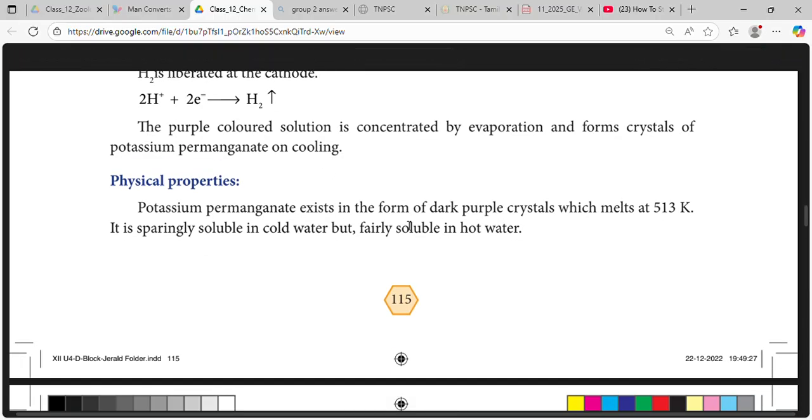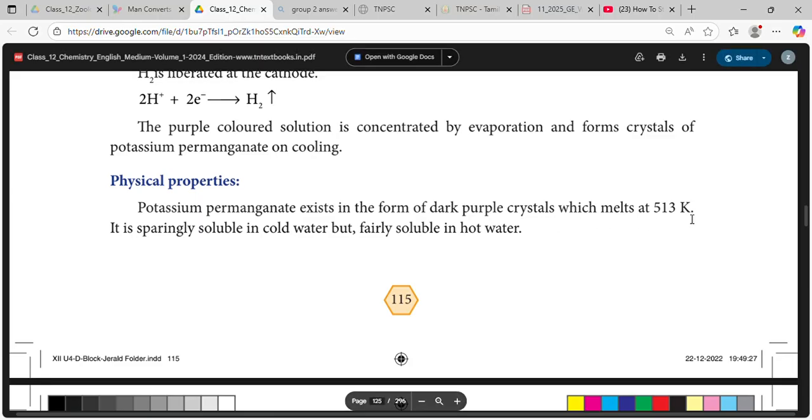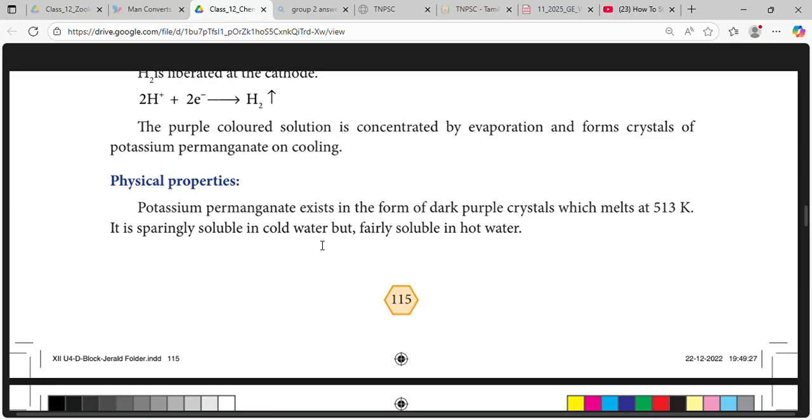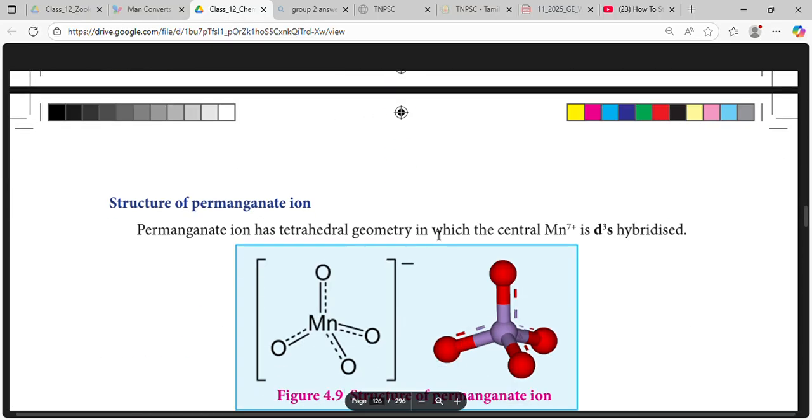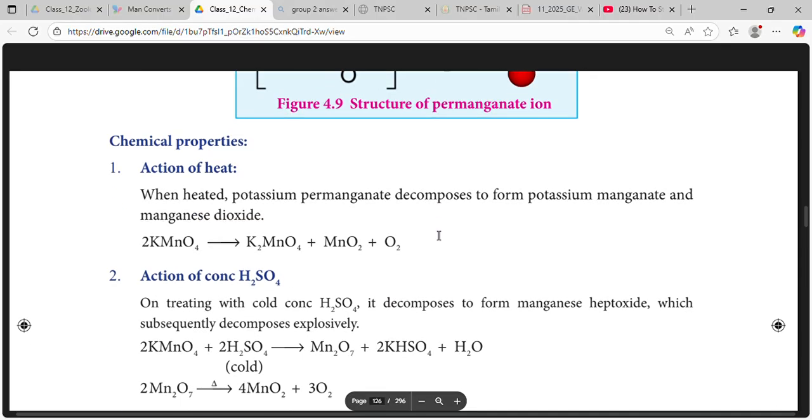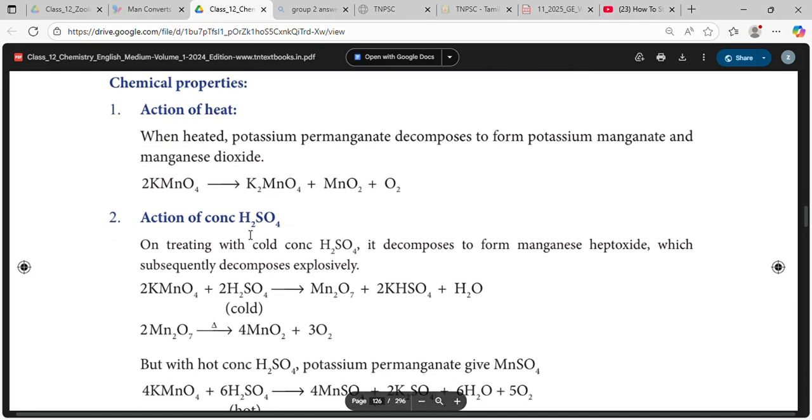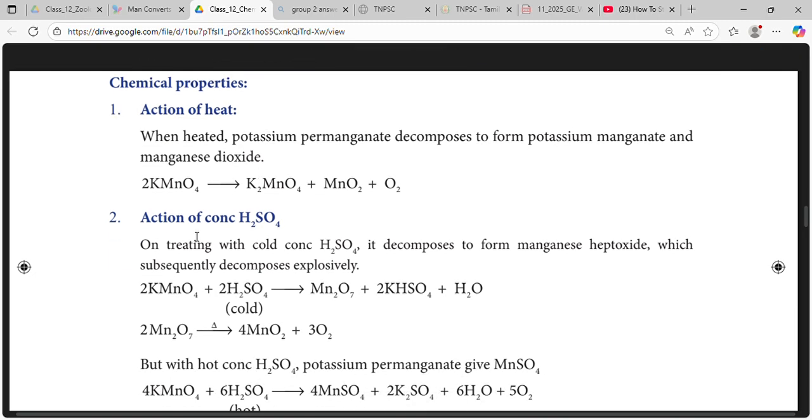Potassium permanganate exists in the form of dark purple crystals which melt at 513 Kelvin. It is sparingly soluble in cold water but fairly soluble in hot water. When heated, potassium permanganate decomposes to form potassium manganate and manganese dioxide.